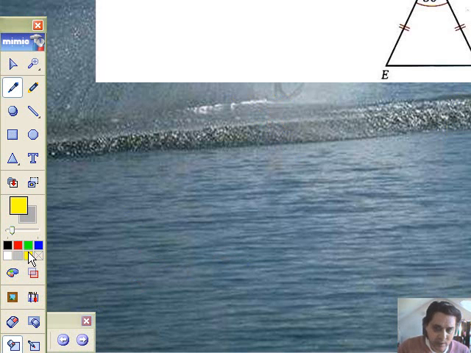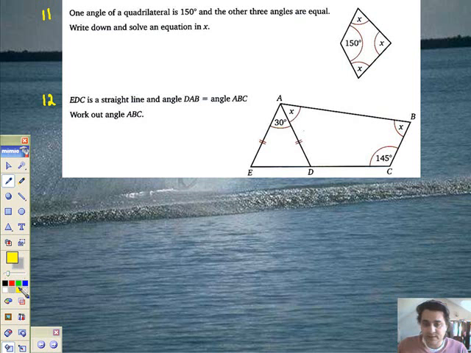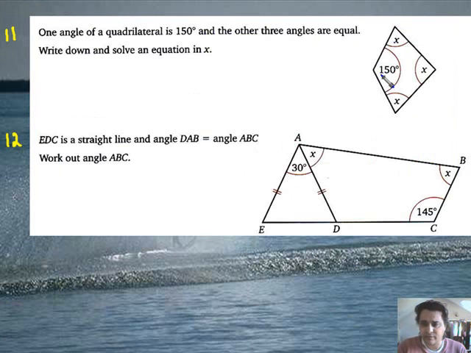Next question. Question 11 and question 12, and we'll take our time. It says one angle of a quadrilateral is 150. Incidentally, I can see that's a kite because these opposite angles are the same, and this just happens to be x as well.